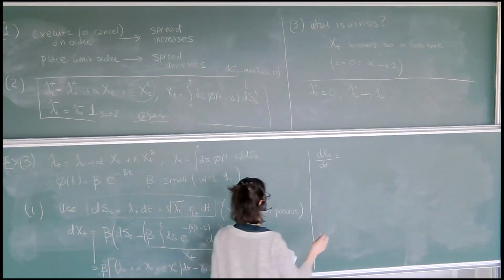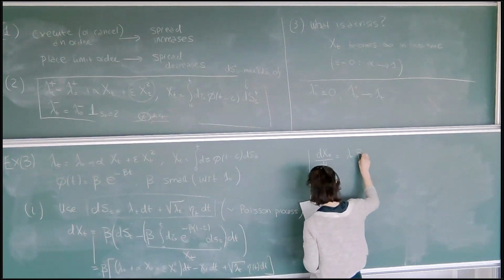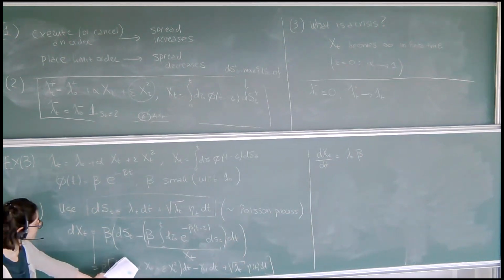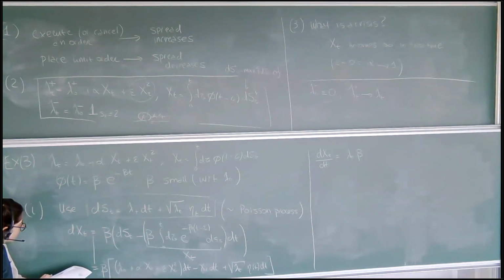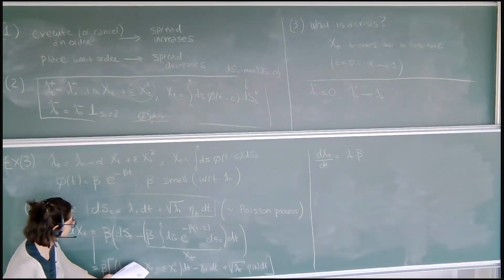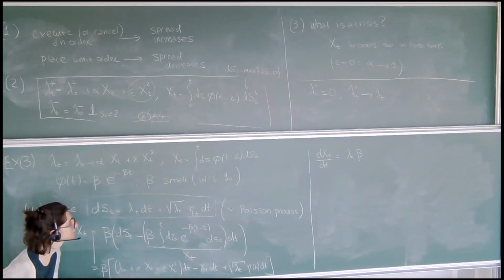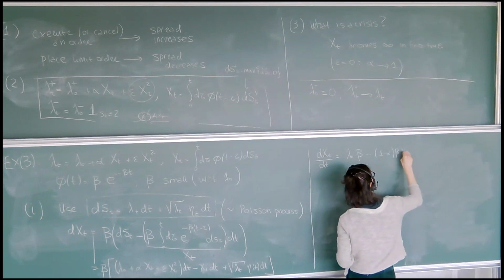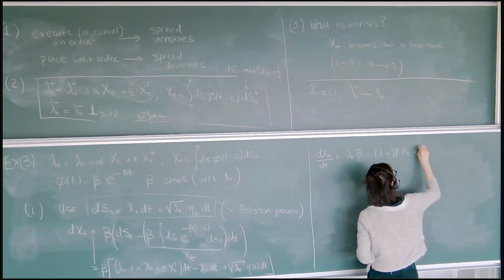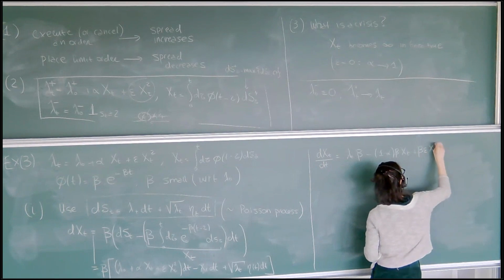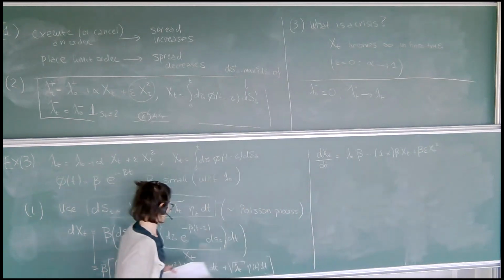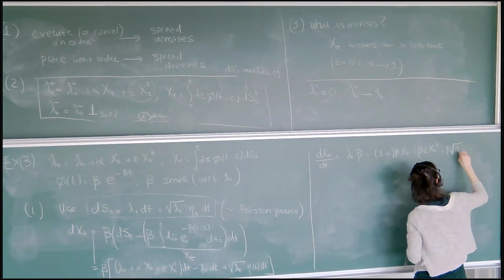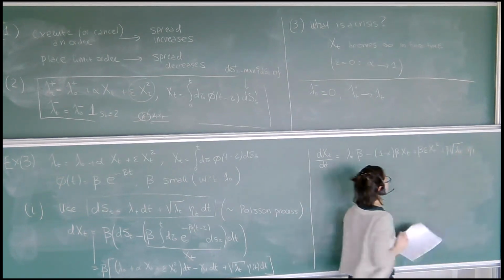I have a lambda 0 beta. Then I have a linear term. There is a factor of beta always in front, and the linear term is alpha minus 1. So this is minus 1 minus alpha times beta x of t. Then I have the nonlinearity, beta epsilon x of t squared. And then I add the noise, plus beta square root of lambda t, eta of t.